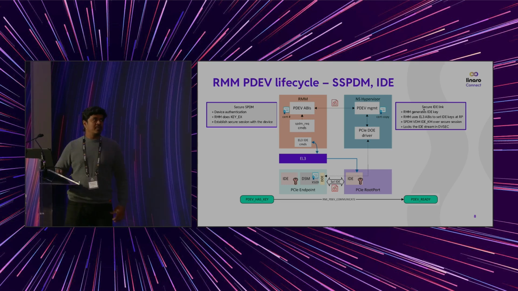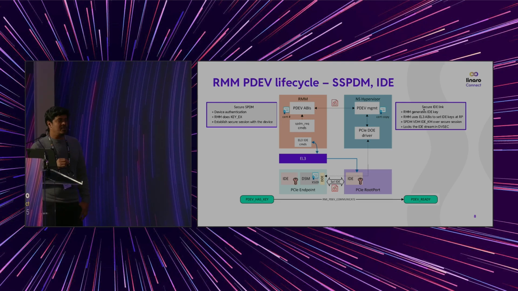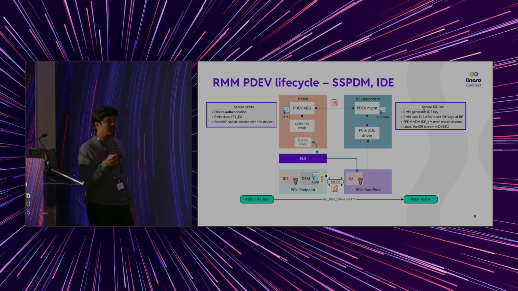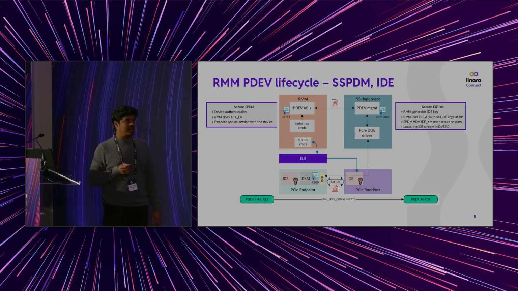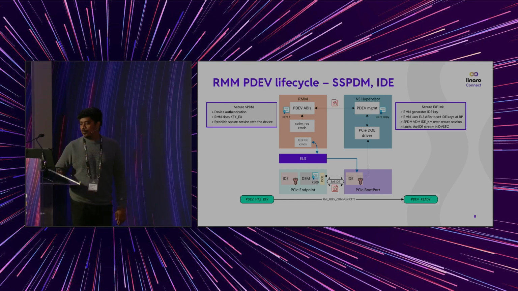For the root port side, we use the EL3 interface, and for the device side, we use the SPDM-specific command called IDE key management. Using that, the keys are distributed to the device.